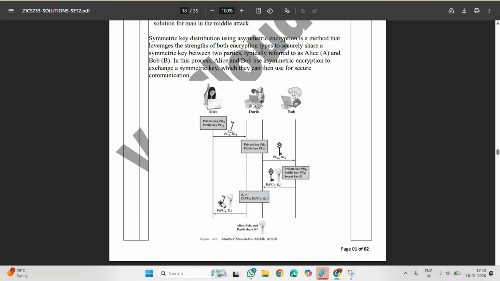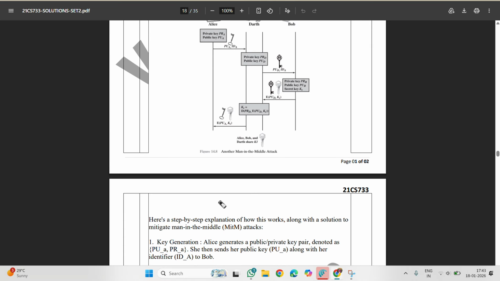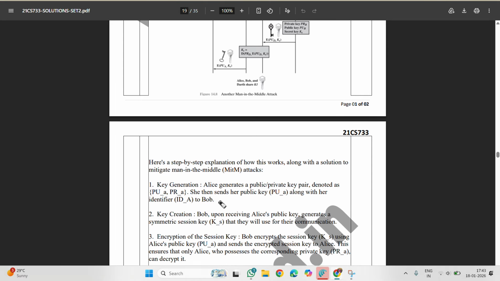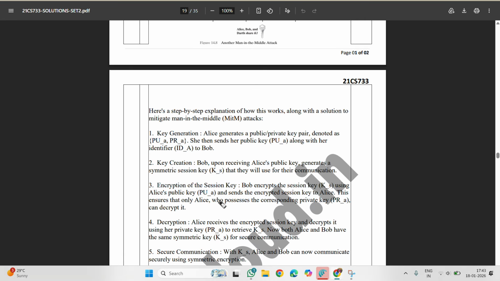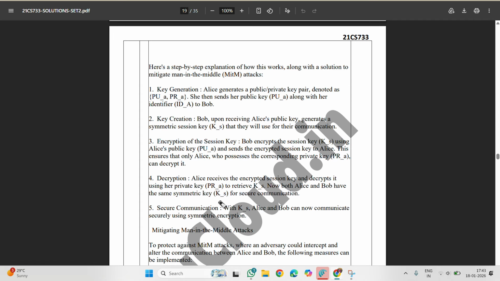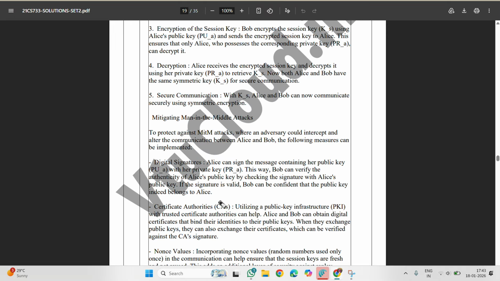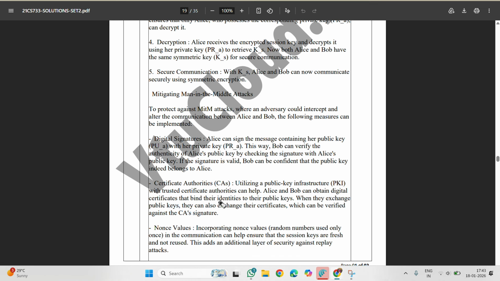Draw the diagram for the man in the middle attack and explain the procedure step by step, how this works, along with the solution to mitigate man in the middle attacks, like key generation, key creation, encryption of session key, decryption, secure communication. List these and explain what are those, and explain what are certificate authorities, digital signatures, nonce values.